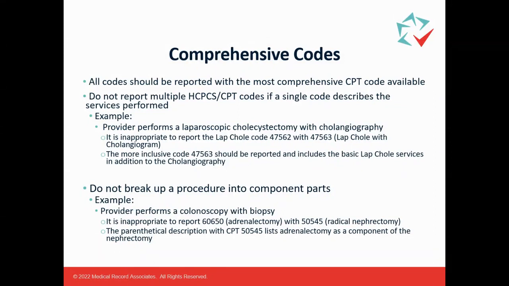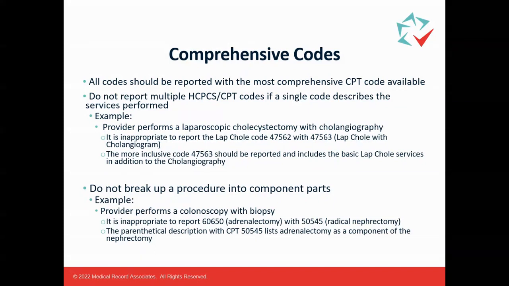Also, you don't want to break up a procedure into component parts. So an example is a provider performs a colonoscopy with a biopsy. It's inappropriate to break that up into component parts to do the biopsy separately.